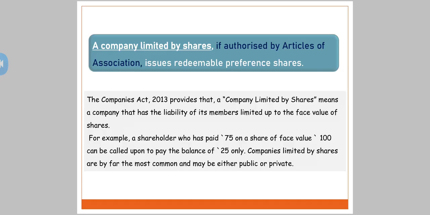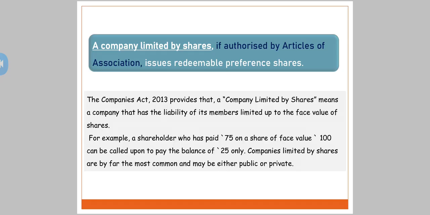A company limited by shares, we have done this in 11th standard under types of companies. The Companies Act 2013 provides that a company limited by shares means a company that has the liability of its members limited up to the face value of shares.